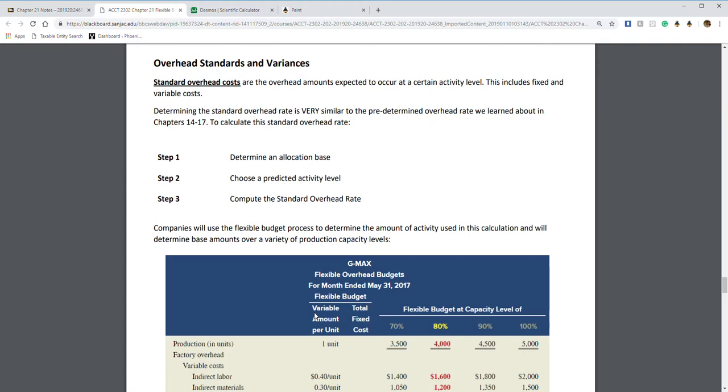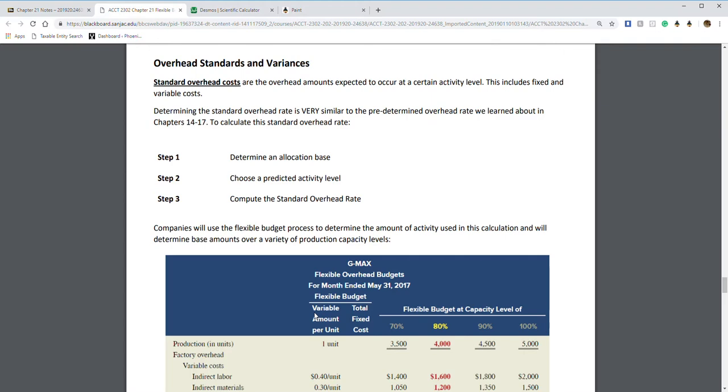So, determine the standard overhead rate. Again, it is very similar to the predetermined overhead rate, as we've done in prior chapters. Determine the allocation base, choose a predicted activity level, and then compute the standard overhead rate. Not too much going on there.